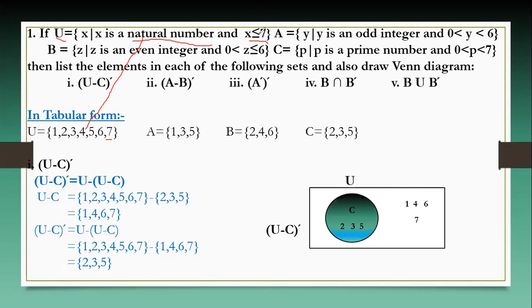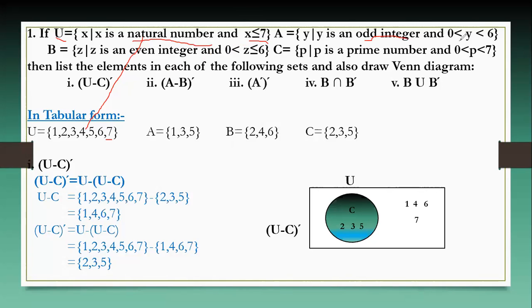If this less than sign also contains the equality sign, that means 7 is going to be included. If the equality is not there, that means 7 is not going to be included. Clear?